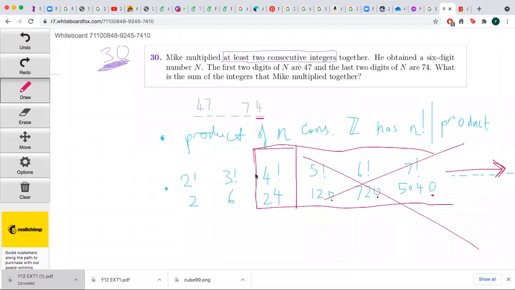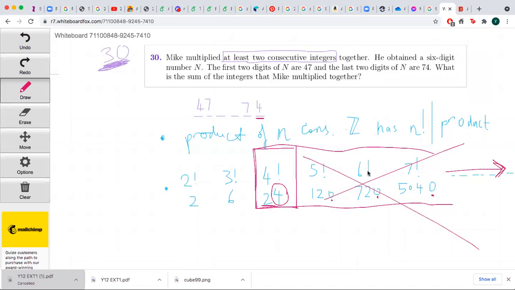And now 4 integers consecutively is eliminated also because we can just look at the last digit here. Actually, is that true? Because basically, I'm not sure if we can eliminate that yet, just because it's possible that the 20 contributes to the 70.